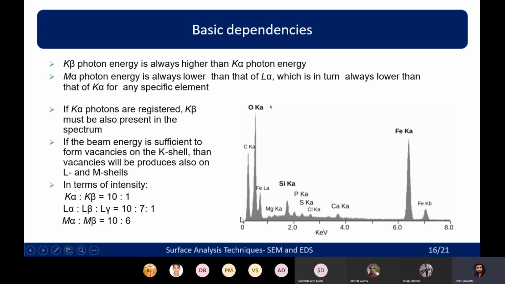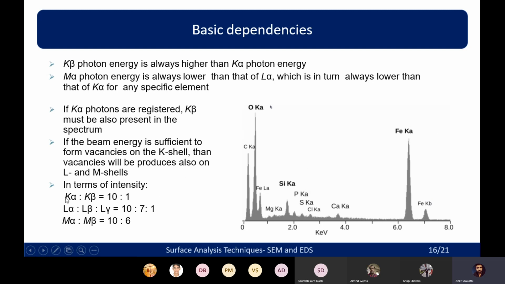And one more thing: whenever you do this EDS analysis, we get the counts. Counts represent the intensity of the signal which we received. Here you see the K alpha signals are of higher intensity compared to K beta. It's actually not anything new.